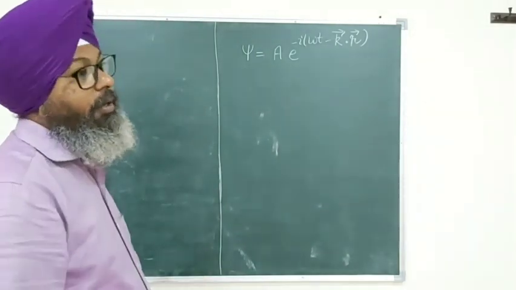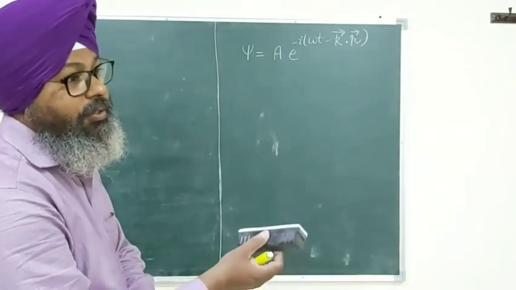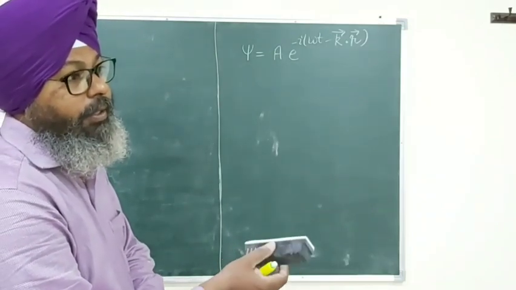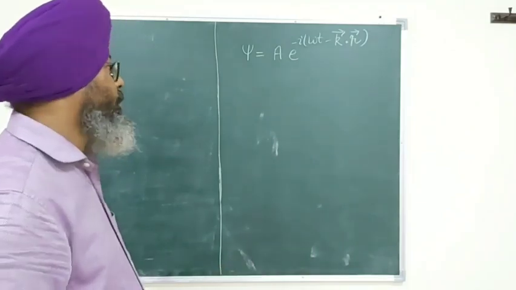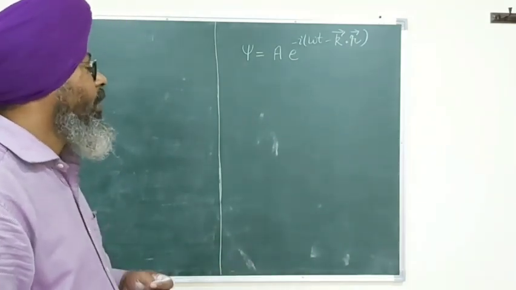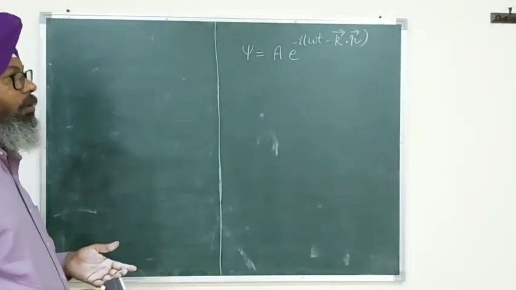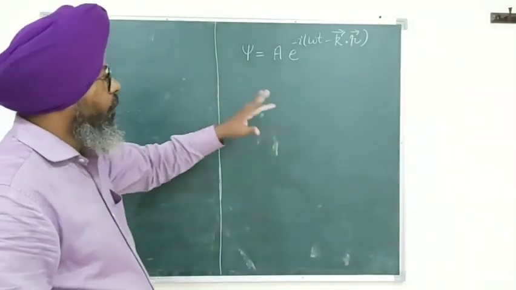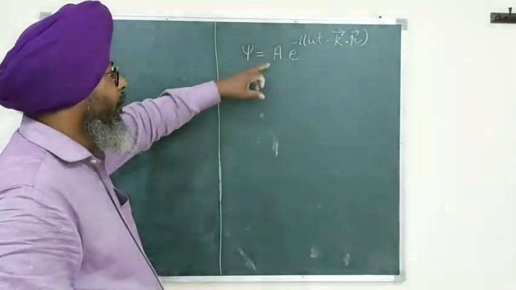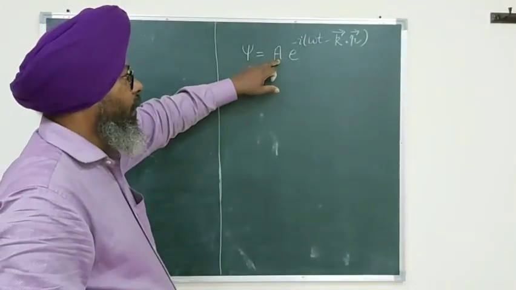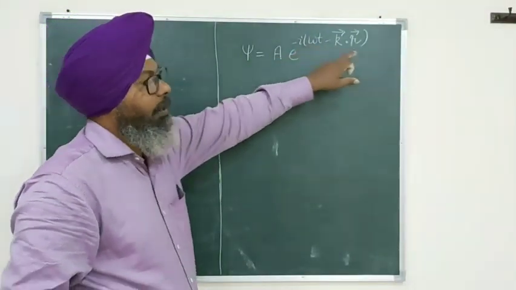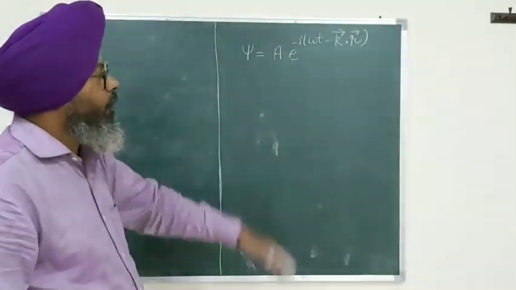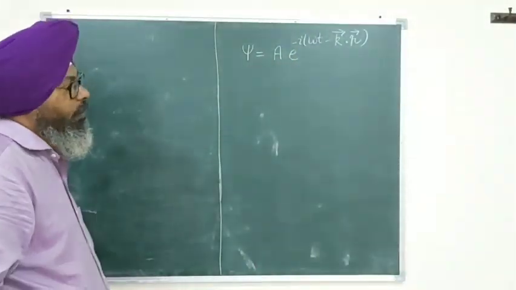Although I have just given it, a single wave function cannot be appropriate for all problems. However, just to start, this is the standard wave function for a wave, but we can modify this wave function by having different values of A, k, omega and r. So it will be customized for different problems.